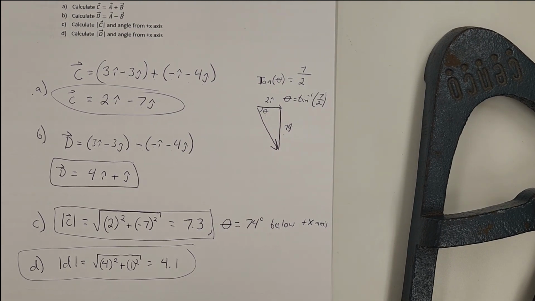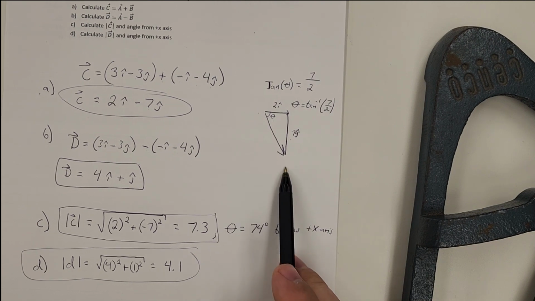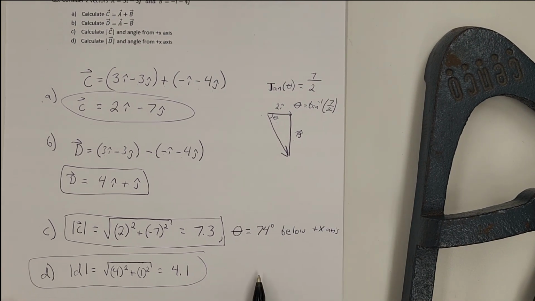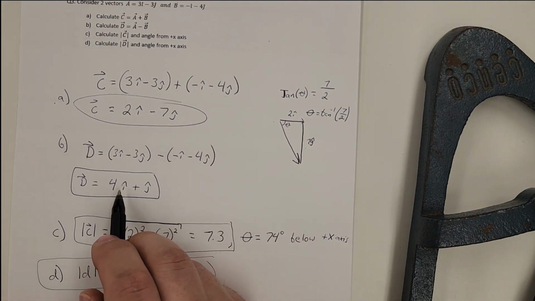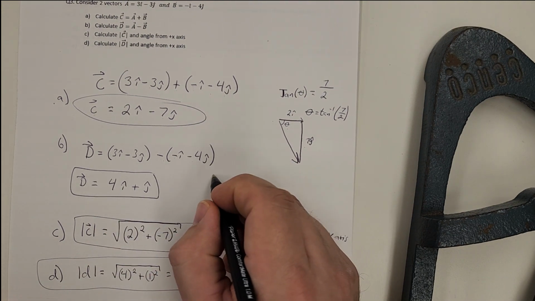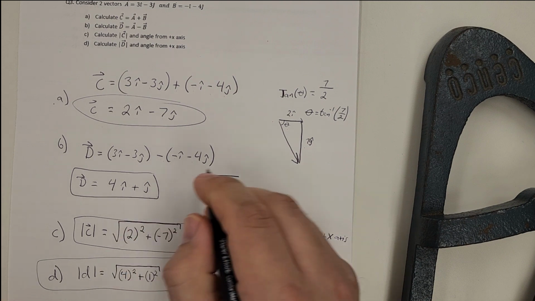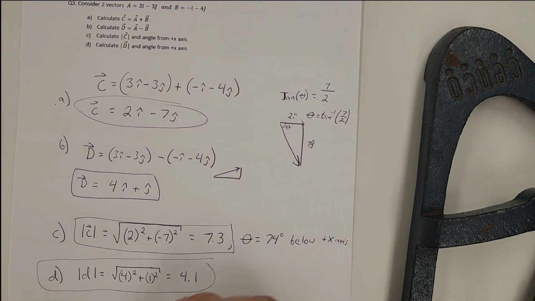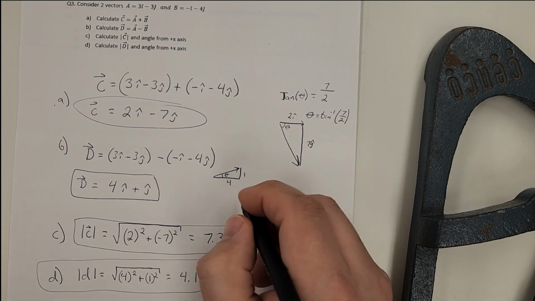Now, does it look like about 74 degrees? It is pretty sharp heading down, so I would assume that we're okay. We're going to do the same thing for D. Let me draw D out. We have 4 in the positive x direction and 1 in the j direction. So that's what D looks like. We have 4 and we have 1, and we're looking for this angle in here. Same scenario.